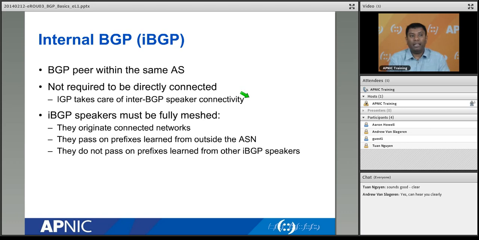In iBGP peering, there is a requirement of full mesh connectivity. Why is that? Since in iBGP peering direct connectivity is not required, if the reachability is there via some routing protocol, we can add iBGP peering. Then there will be a question: if router A is connected to router B and then connected to router C, and routers A and C are talking directly on iBGP and exchange routes, then what is the problem?